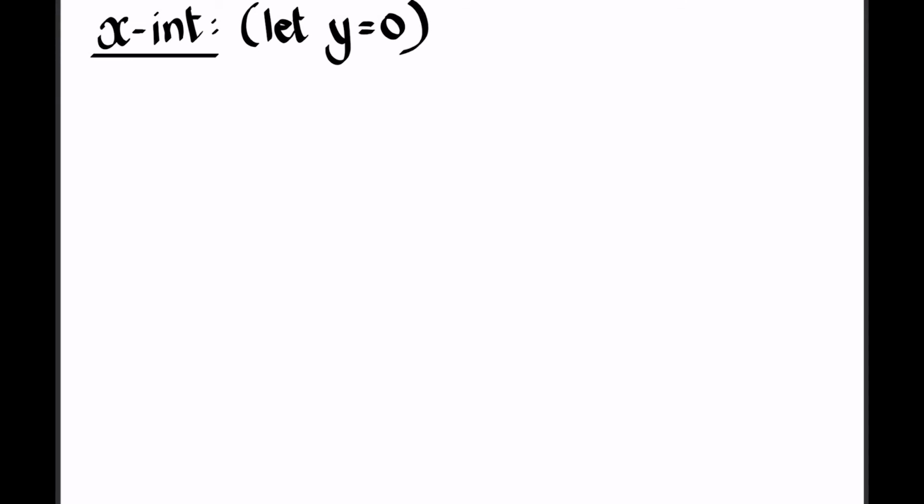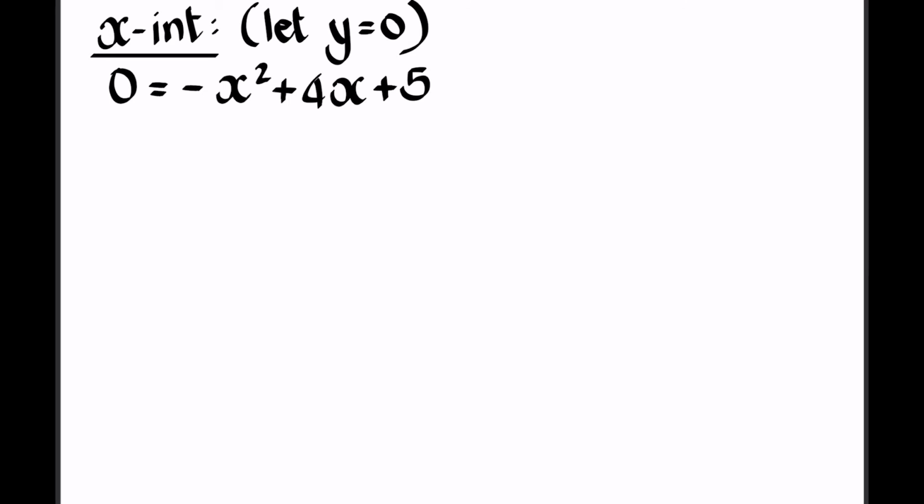So D is the x-intercept of g, and we are going to let y equal 0. So we've got the equation y is equal to -x squared plus 4x plus 5. So now I'm going to say 0 is equal to -x squared plus 4x plus 5.